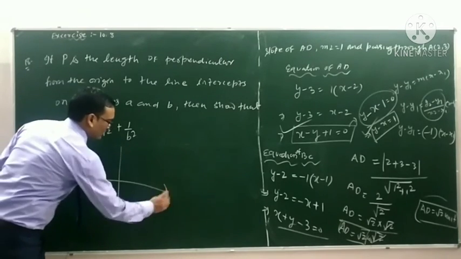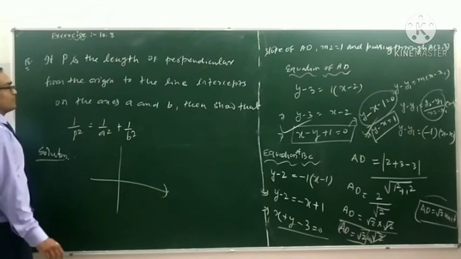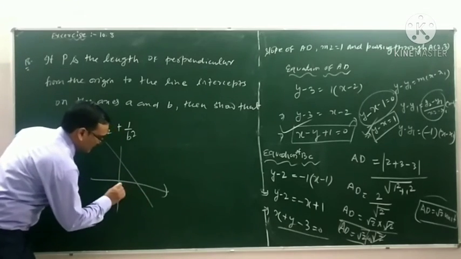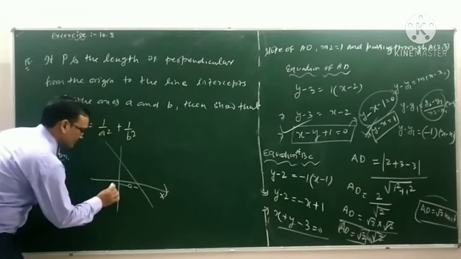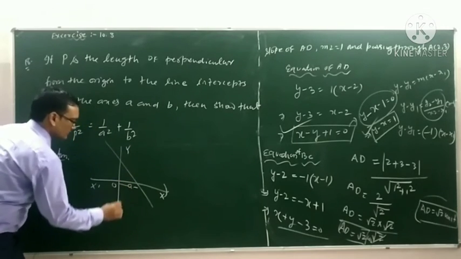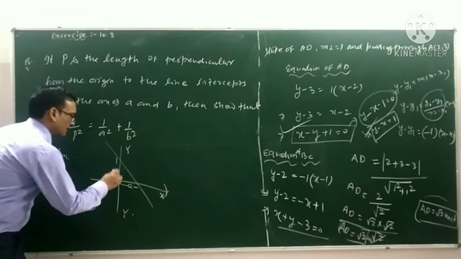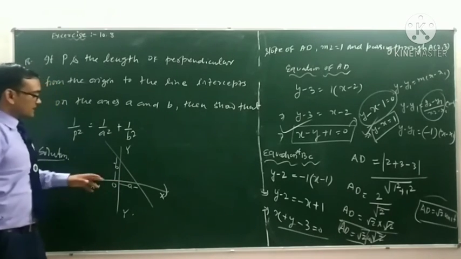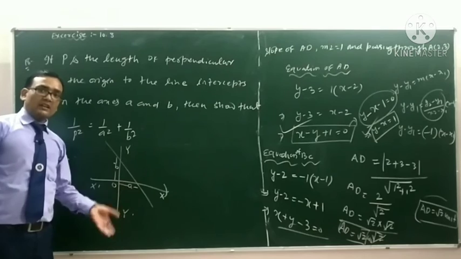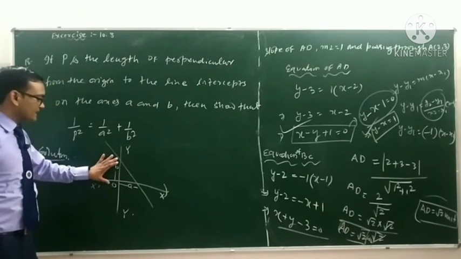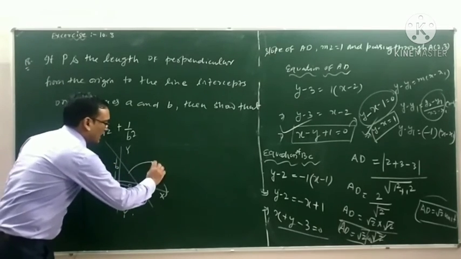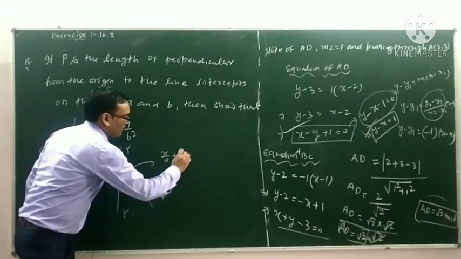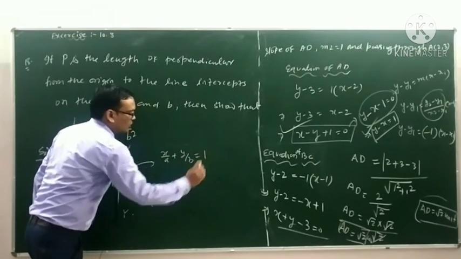the equation of the line whose intercepts on the axes are a and b. Okay students, if the line's intercept on the x axis is a and intercept on the y axis is b, then the equation of the line is x upon a plus y upon b equal to 1.